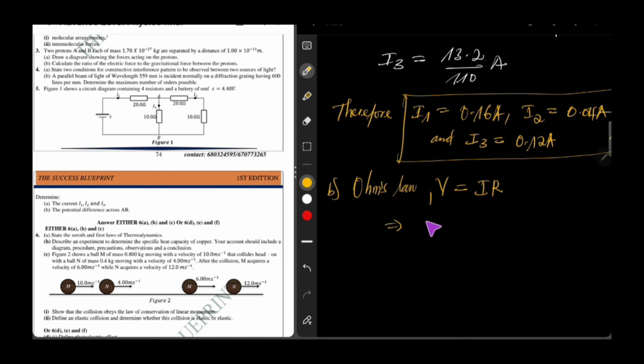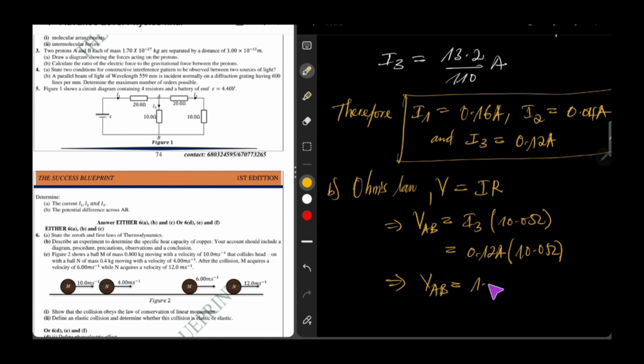That means the voltage drop across AB will be equal to the current that flows down this length AB, which is I3, times the resistance, which is 10.0 ohms. With I3 being 0.12 amperes, I'm going to have 0.12 amperes times 10.0 ohms, which means that VAB will be equal to 1.2 volt, and that is the voltage drop across AB.